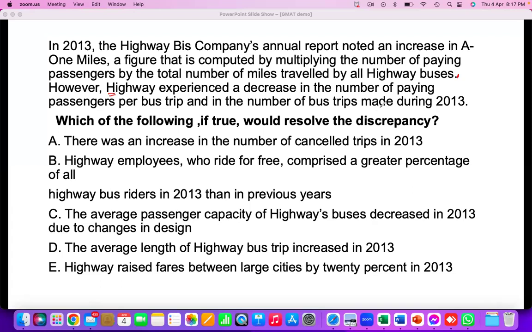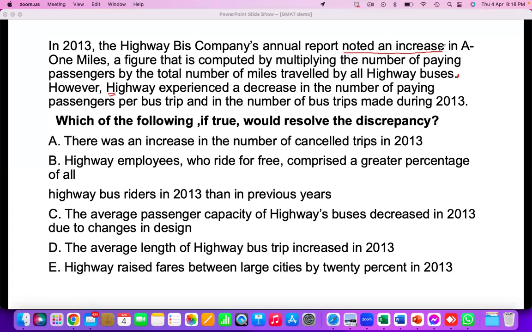Understood? So here you can't say till this line and after this line. The argument is mixed. If you read it, the highway bus company's annual report noted. Noted means observed.